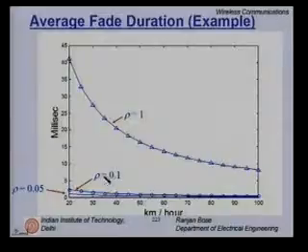The moment I lower my threshold, there is a drastic fall, because it is e raised to power rho squared. It is a very strong impact. So, even at 20 kilometers per hour, your average duration of fade has gone down to close to about 2.5 milliseconds, and it is still further for rho is equal to 0.05.